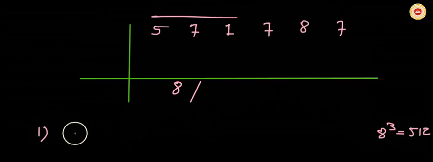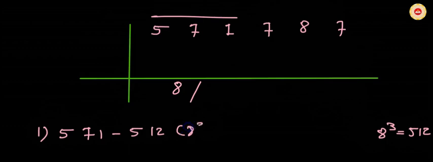Step number 1. Subtract the cube of the first digit from the leftmost group. Write leftmost group 571 minus the cube of the first left digit, 512. This is 8 cubed. Which is equal to 571 minus 512. 71 minus 12, 59.